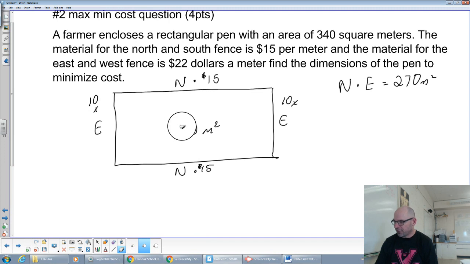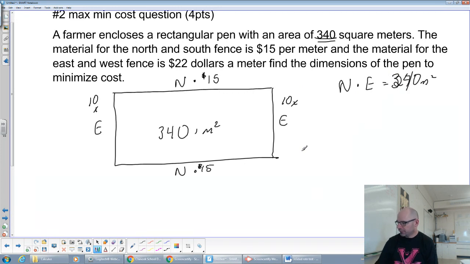It's 340. Can't read my own writing. Sorry, guys. 340 meters squared. So we have to do the cost.